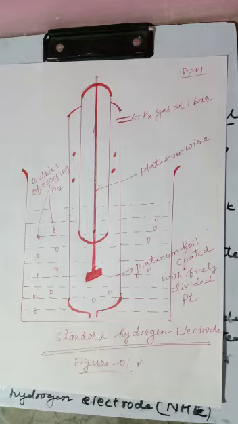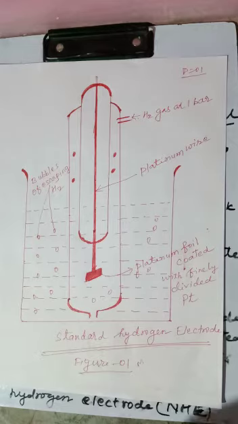And we also remember that practically, making a standard hydrogen electrode is a very difficult task because there are so many problems in making these types of electrodes. First, it is difficult to maintain unit concentration of H plus ion.